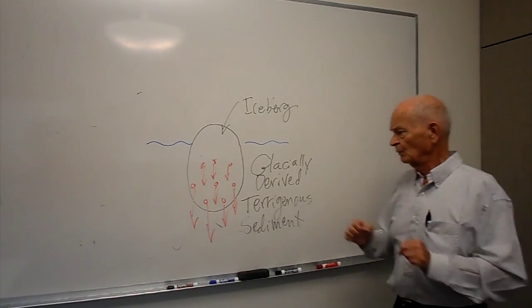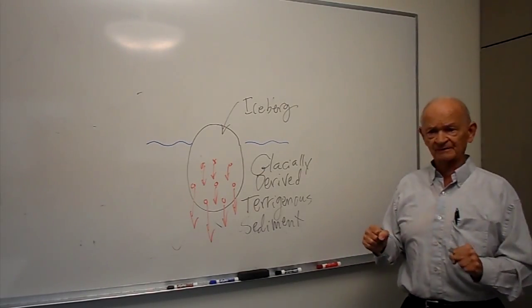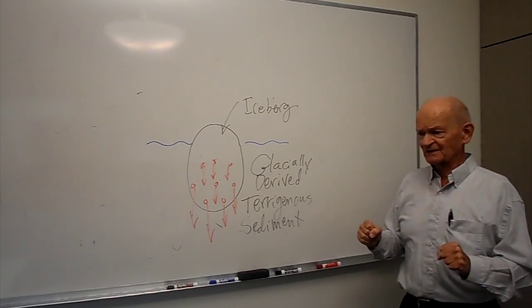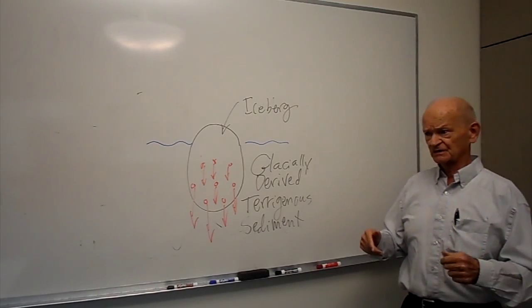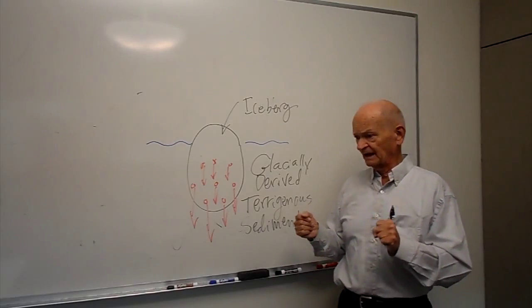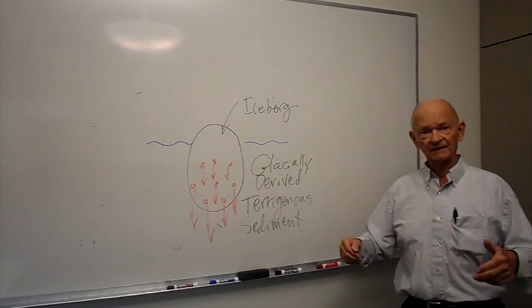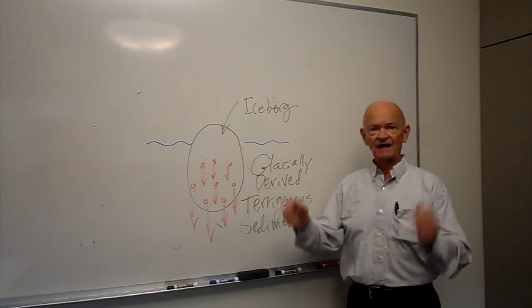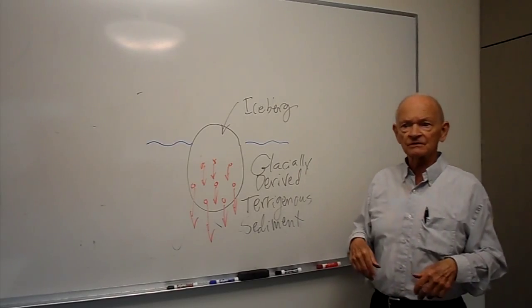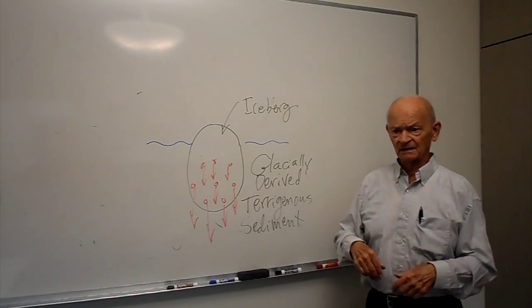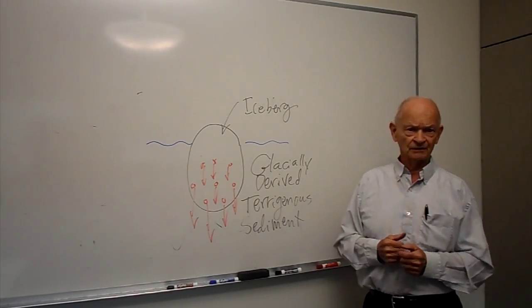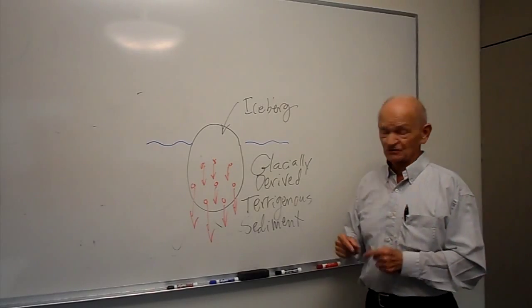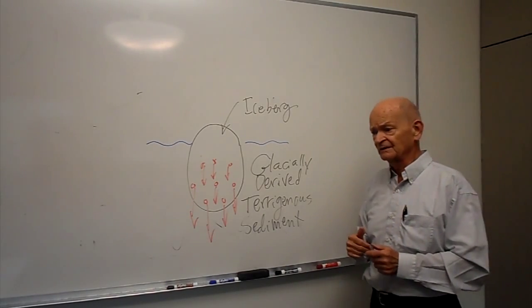One other source of terrigenous sediments that is very important, especially during episodes of extreme volcanic activity, is simply volcanoes. When a volcano emits a lot of ash and dust and cinders and so forth, if it occurs on a land volcano, most of it will end up on the land.